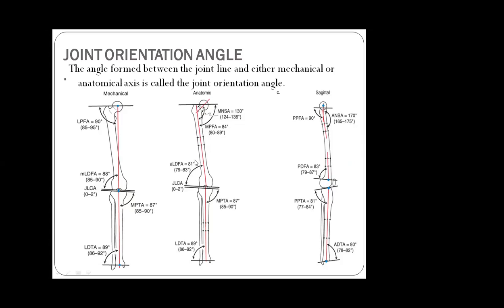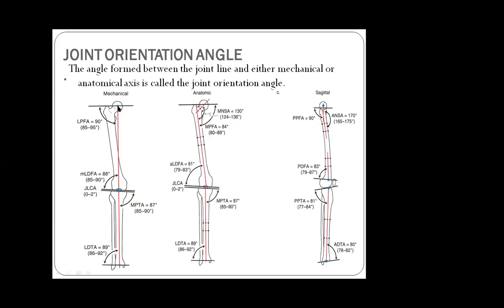There are fixed normal values of the joint orientation angle, which I would like to go through. First, we will talk about the mechanical joint orientation angle as per the mechanical axis of the lower limb. I would like to revise the mechanical axis of the lower limb: it passes from the center of the hip joint to the center of the ankle joint.